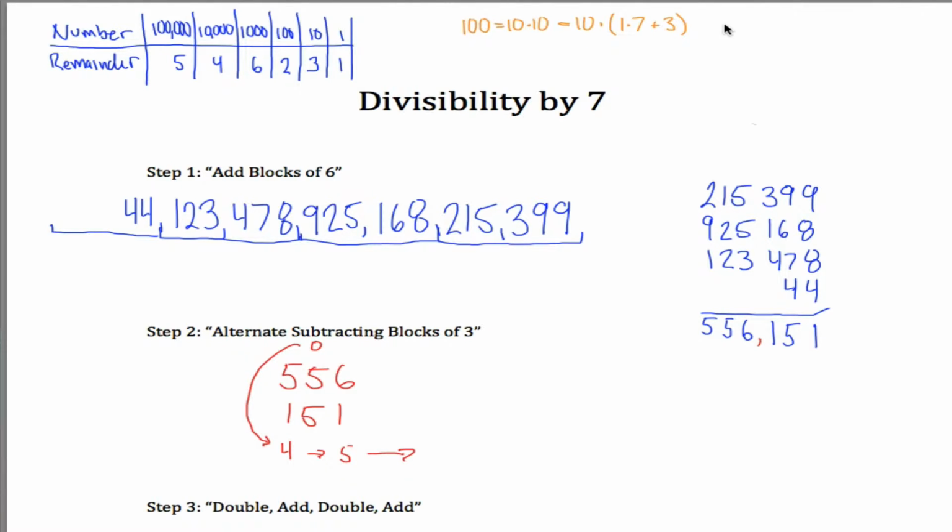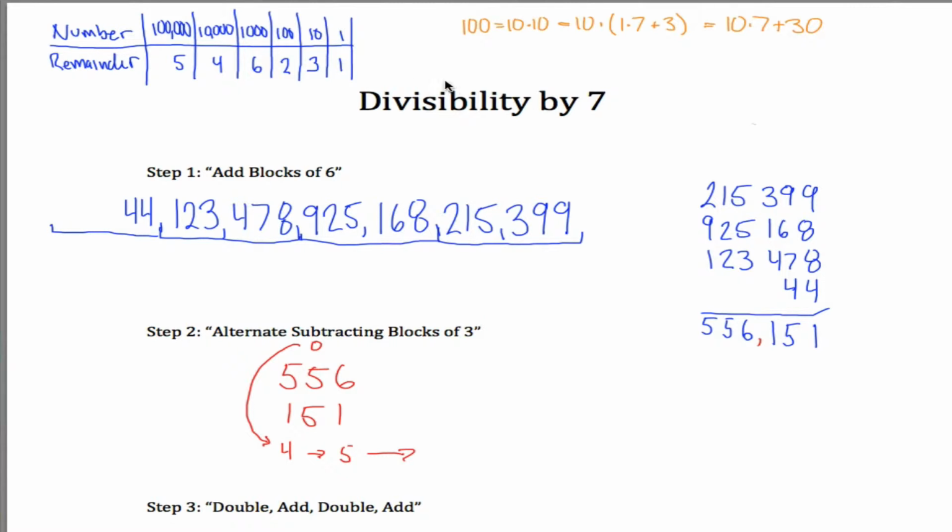The reason it's helpful to group them like this is that when we distribute this 10 through, we get 10 times 7, 70, but you don't even need to know that's 70, with 30 left over. This 70 has to be divisible by 7 because it's just some number of 7s, 10 in this case, with 30 left over.